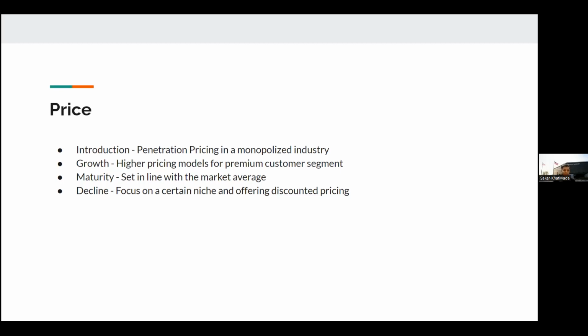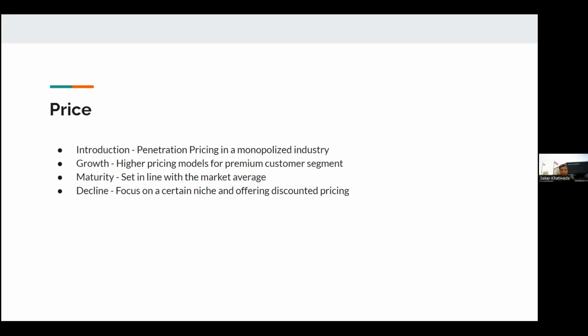So the final phase, the decline phase. In the declining phase, the focus shifts from growth to maintaining profitability and minimizing the cost with the remaining customer base. So Worldlink may implement a few pricing strategies such as reducing prices, offering discounts and promotions, focusing on loyal customers, and eliminating unfavorable products.